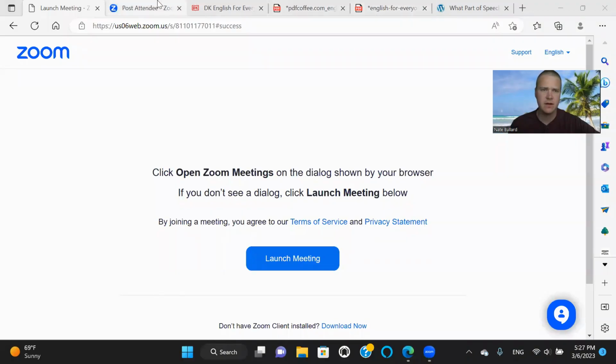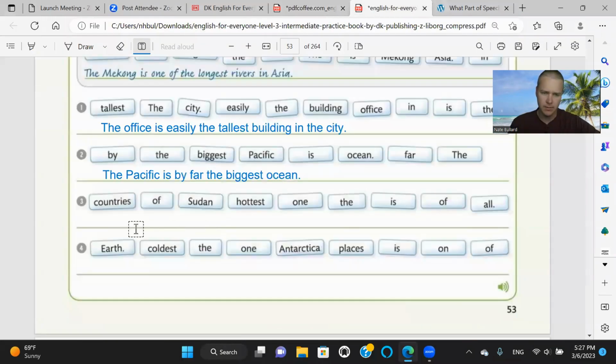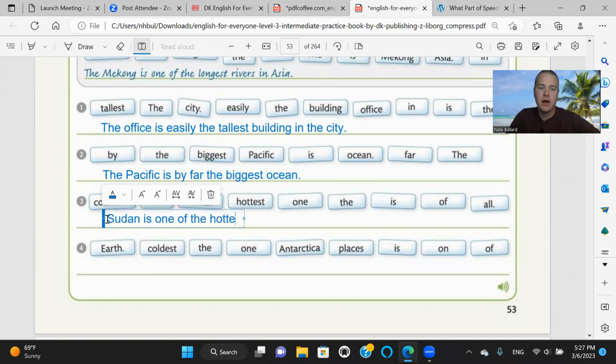Vamos a ver. Sudan is one of the hottest countries of all.